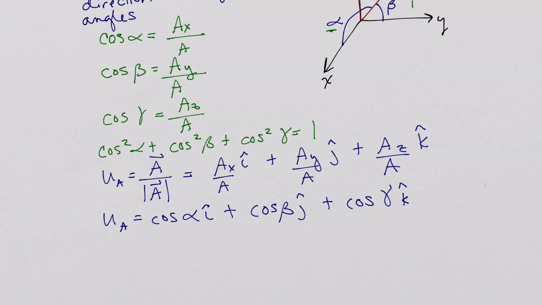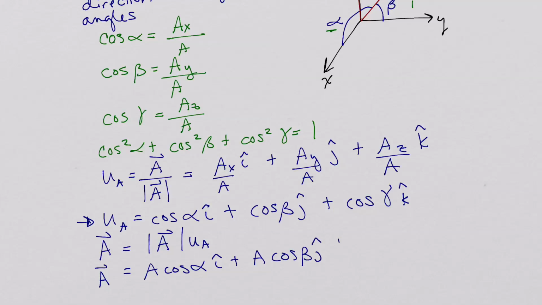So if that's the unit vector there, then we also would know that the vector A is going to equal the magnitude of A times UA. And so that vector A is going to equal A cosine alpha I plus A cosine beta J plus A cosine gamma K. And then once you have these all in Cartesian vectors, so in this I, J, and K, then it's pretty easy to add them.